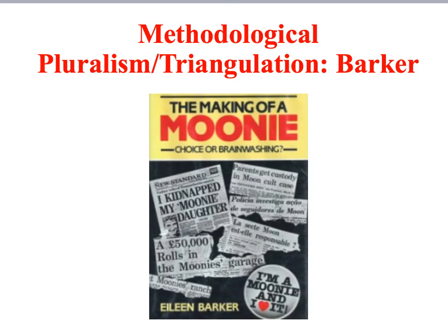For example, Eileen Barker, in a study of the religious cult, the Moonies, used participant observation, lasting a total of 6 years, to gain first-hand insight into this religious cult. But she also supplemented this observational research with in-depth interviews to investigate the background of individual Moonies, and she also used questionnaires to obtain further information from a larger sample to make sure that her research was as representative as possible.